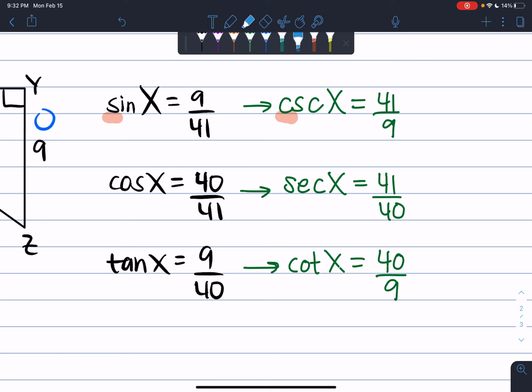Whereas the reciprocal of cosine starts with an S. So I know that the opposite of cosine will be secant, right? I don't know why, but in my head I feel like knowing that those two letters do not match helps me remember that those will be reciprocals of each other.